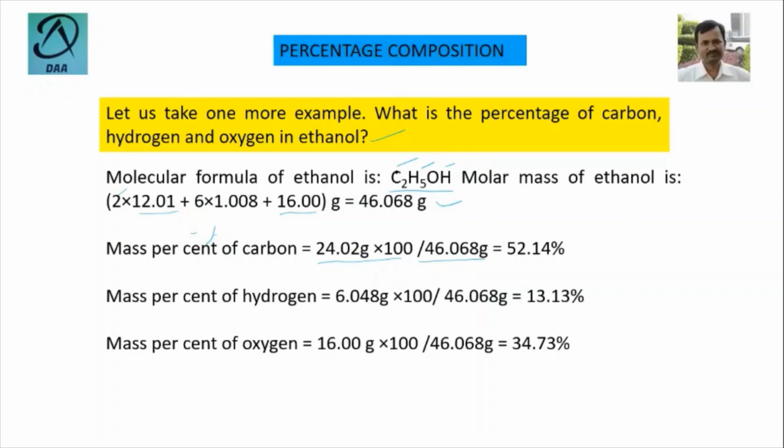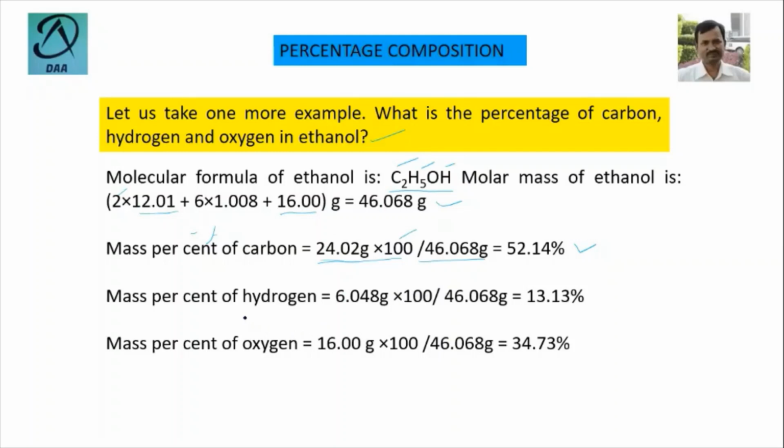You can see that there are 2 carbons, so 2 multiplied by 12.01, that means 24.02 gram, multiplied by 100, divided by the molar mass of ethanol, 46.068. So the result will be 52.14% of carbon present in ethanol.